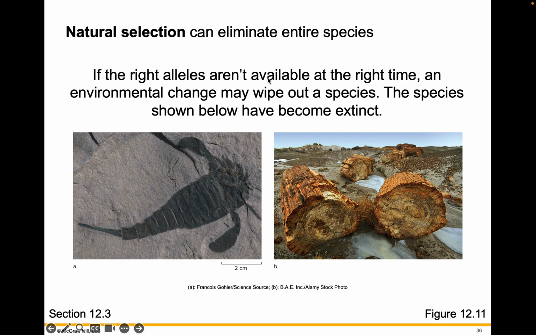If beneficial alleles aren't available at the right time, an environmental change can wipe out a whole species. And the species shown below have become extinct. So this is a creature, I think, from the Devonian period, so about 350 million years ago, called a Eurypterid. It's like a crustacean. And then these are logs from the Petrified National Forest.